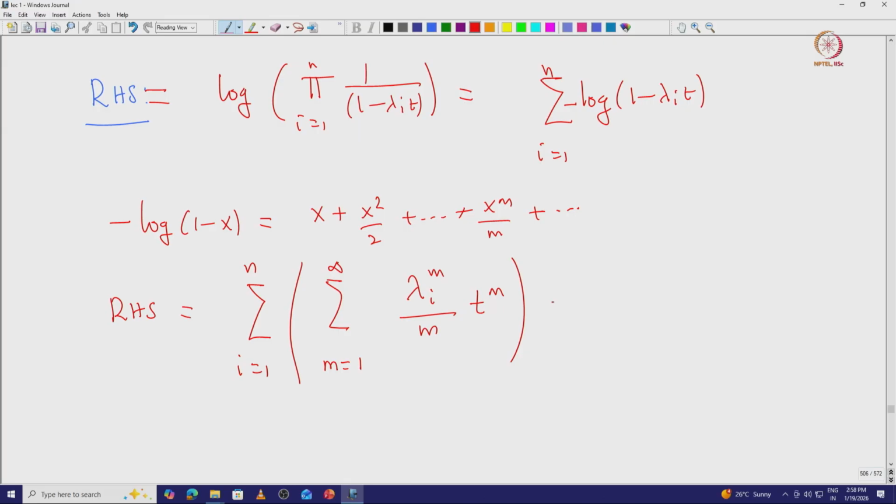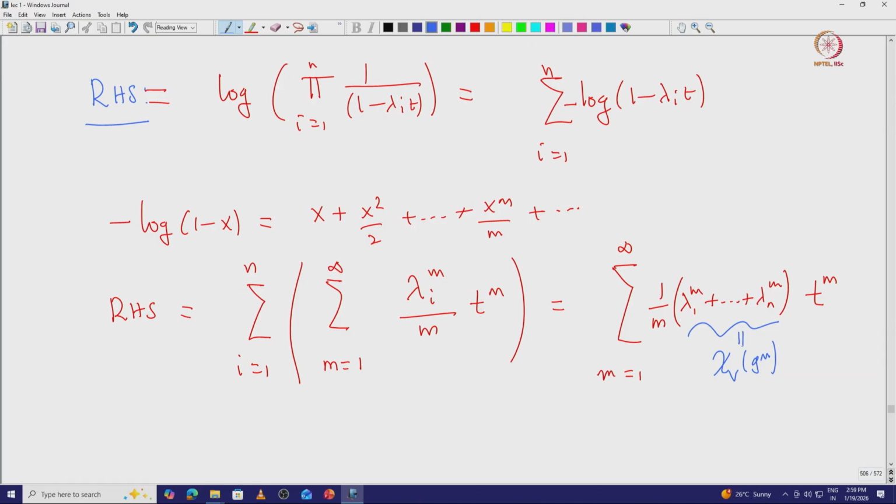Now if we collect the coefficient of t power m, then we can run m from 1 to infinity and interchange the summation. Then if you collect the coefficient of t power m, you get 1 divided by m times lambda_1 power m plus etcetera plus lambda_n power m. So this is what we get. And if you think about it, this is exactly the character value of g power m.